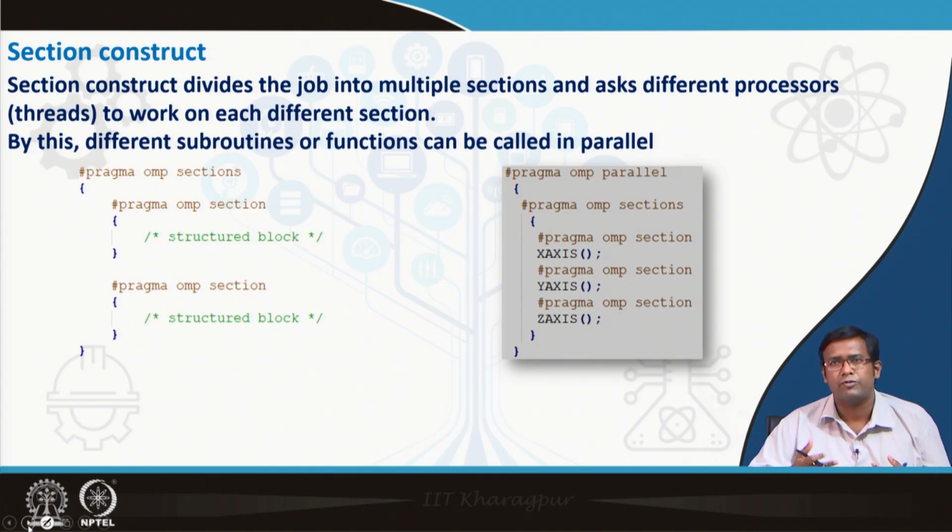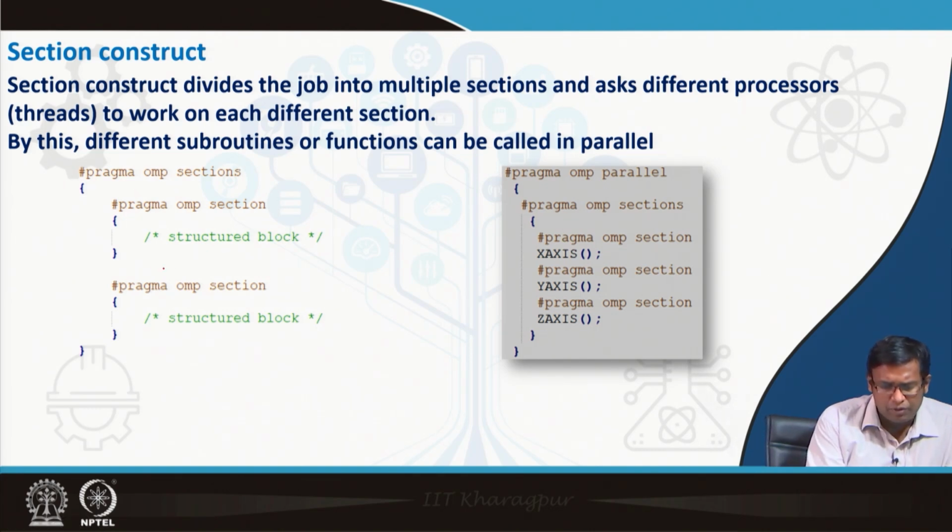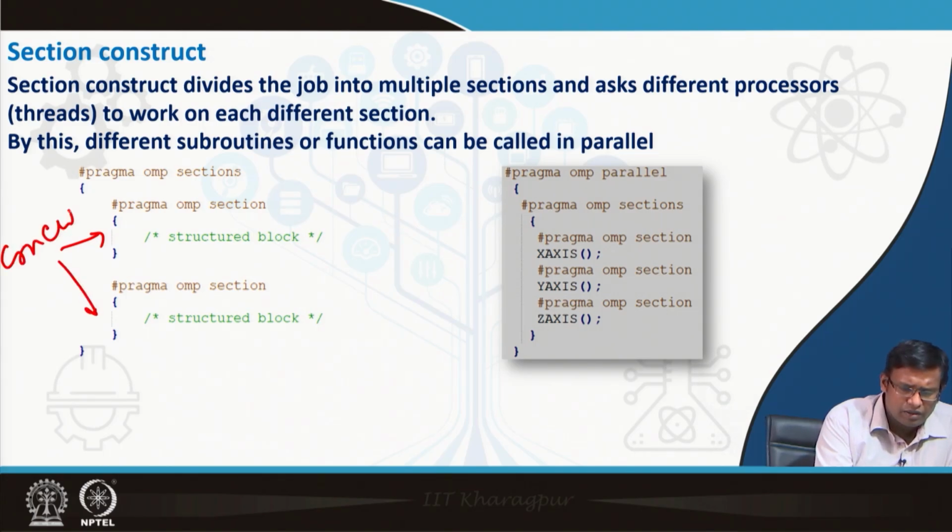Different parts of the program which have no dependency among them can be executed in parallel. It is like hash pragma OMP sections, again a C construct, then you put hash pragma OMP section and put a part of the job there, then hash pragma OMP section and put another part of the job there. So these two parts will be executed concurrently, or in parallel.